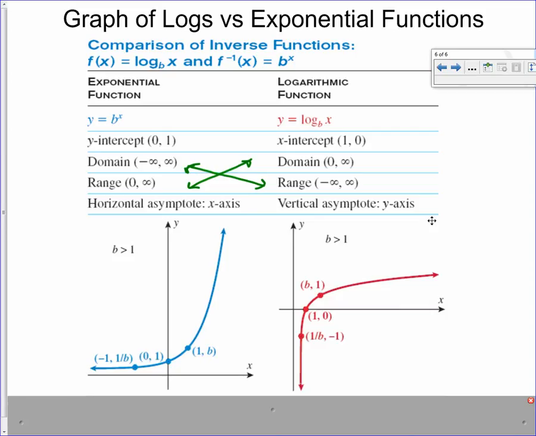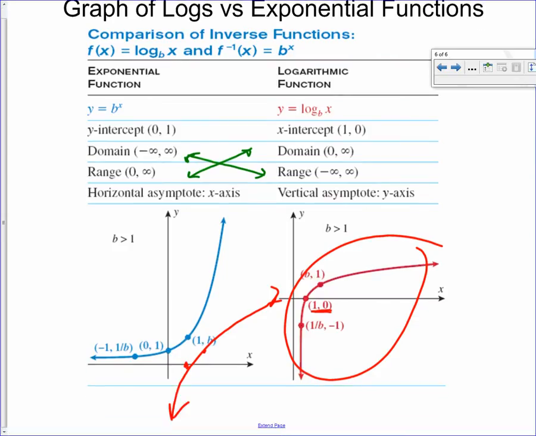What if I took this red logarithmic function and put it on the blue graph? It would go through the point (1, 0). It would go through the point (b, 1), and it would look like that. Does that look like anything that we've done before?